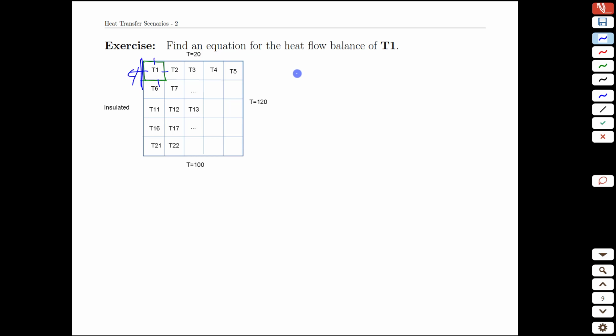Based on the inspiration we saw before, what we can do is say that the sum of heat flow equals 0, but we'll take out those common coefficients that show up in the heat flow equation, and we'll find the difference between T2 and T1. We'll take the difference between T6 and T1, and we'll take the difference between 20 and T1, add that equal to 0, and all of this would be times K A over delta X times this whole thing.